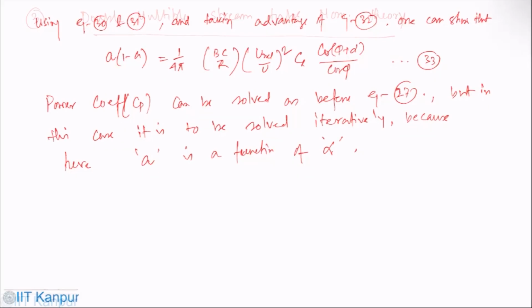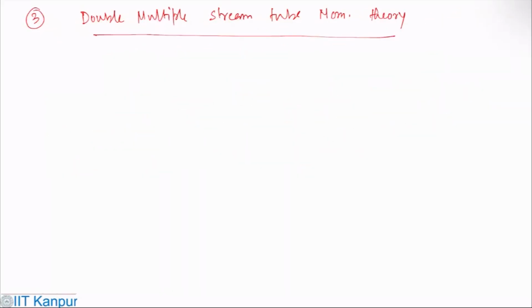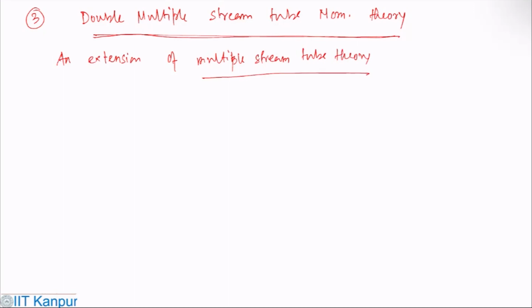So now another option that could be possible is what we are going to talk about: the double multiple stream tube theory. This is again an extension of the multiple stream tube theory. So what we have discussed about multiple stream tube theory, this is the extension of that.